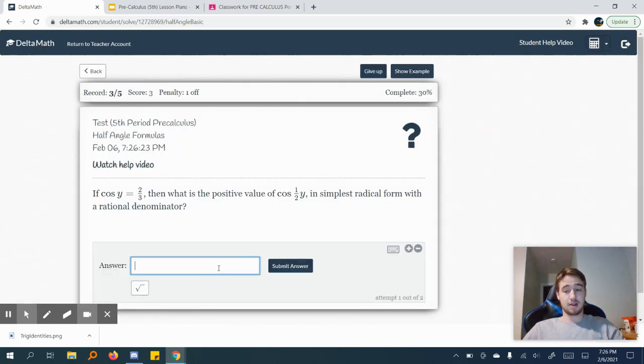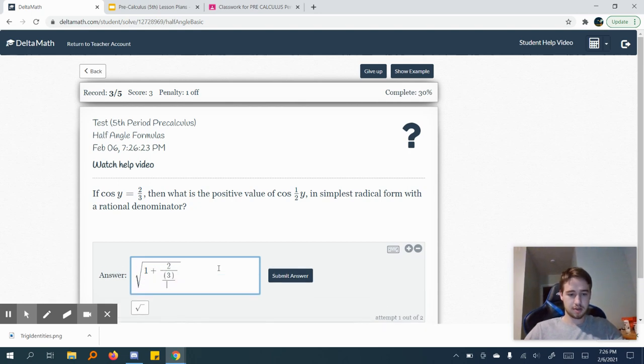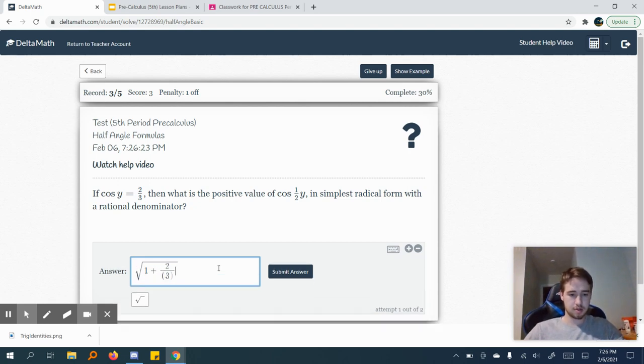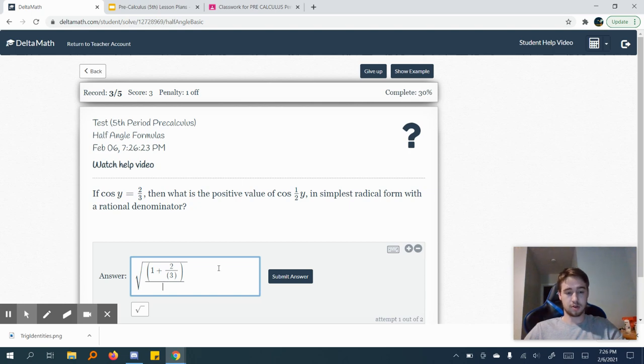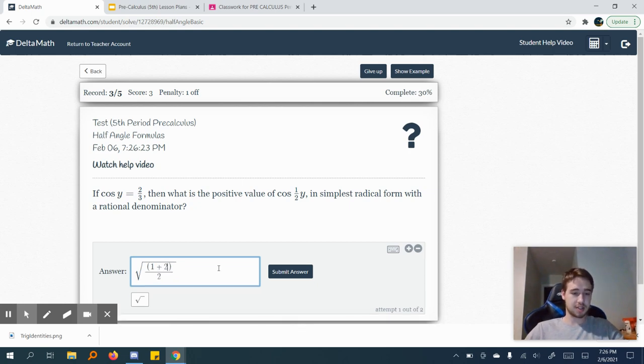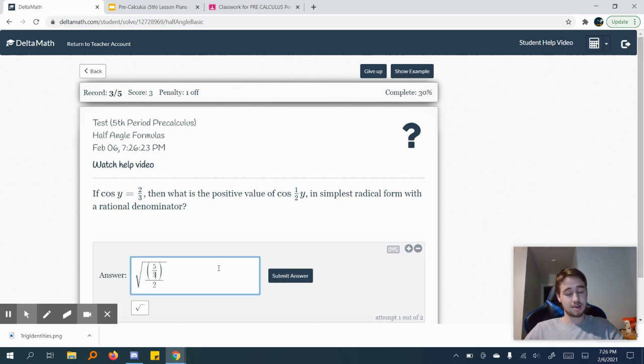One more, and then I will show you a last thing, and we're going to be golden. So cosine again, root of 1 plus 2/3 over 2. So 1 plus 2/3, we can simplify that to 5/3. And then 5/3 over 2 is just 5 over 3 times 2, so 5 over 6.